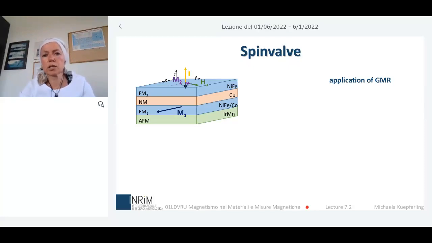Field sensors are used a lot in technological applications, and having this possibility to introduce a more sensitive sensor, of course, is very important. So this is the typical structure of a so-called spin valve as it is used in a field sensor based on GMR. And again, we have our two ferromagnetic layers and the non-magnetic layer between.